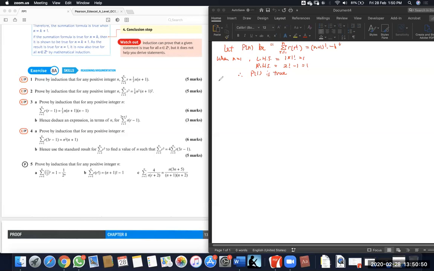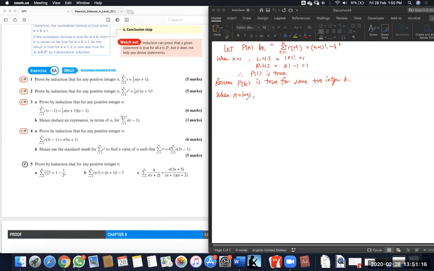So the third step is assume Pk is true for some positive integer k. And then the fourth step is the major part of the proof.